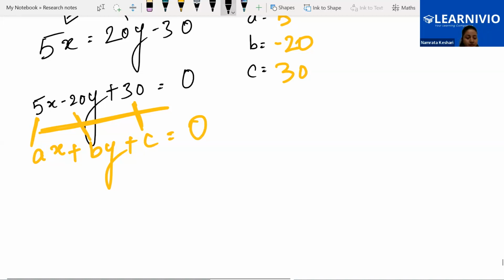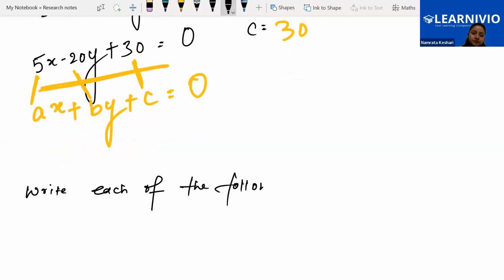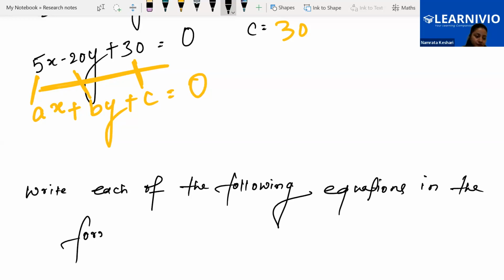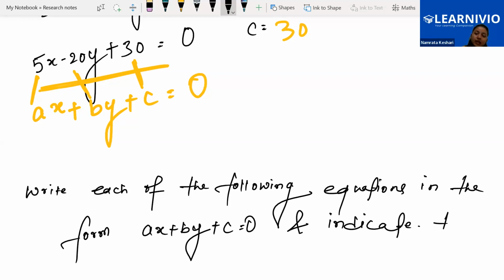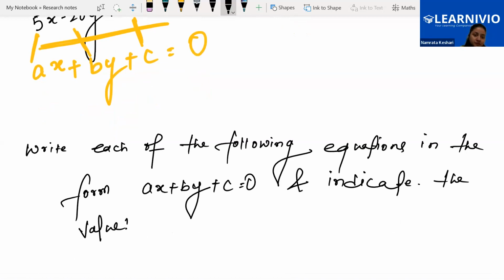Write each of the following equations in the form ax plus by plus c is equal to 0 and indicate the values of a, b, c.